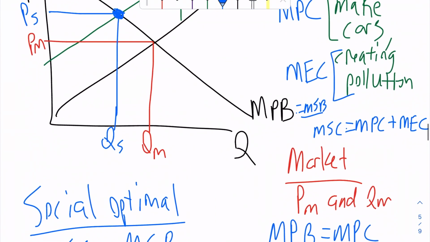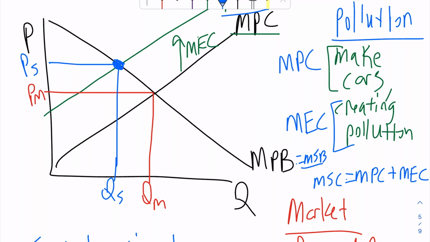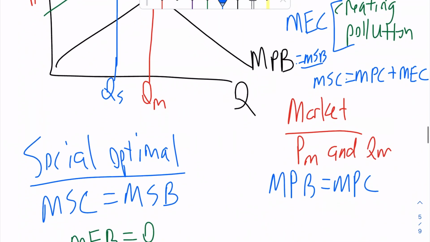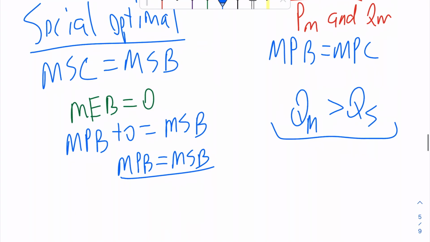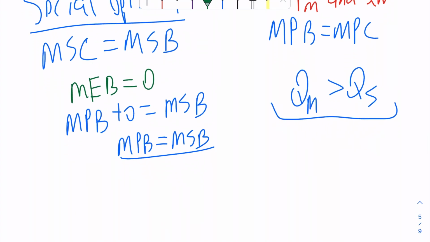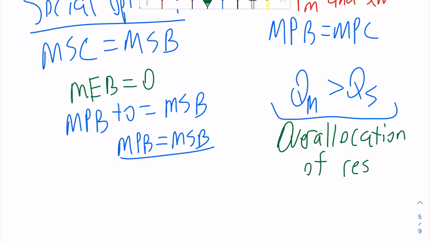So as you can see here, which one's higher, the market or the social optimal? The market produces more quantity. The market quantity is more than the social quantity. This is what we call an over allocation. What we mean by an over allocation of resources is that you are producing too much.